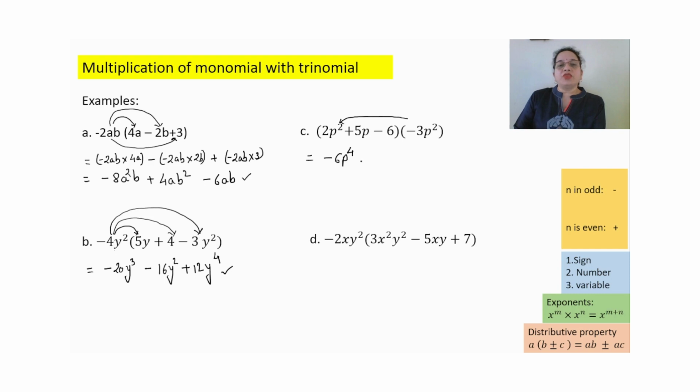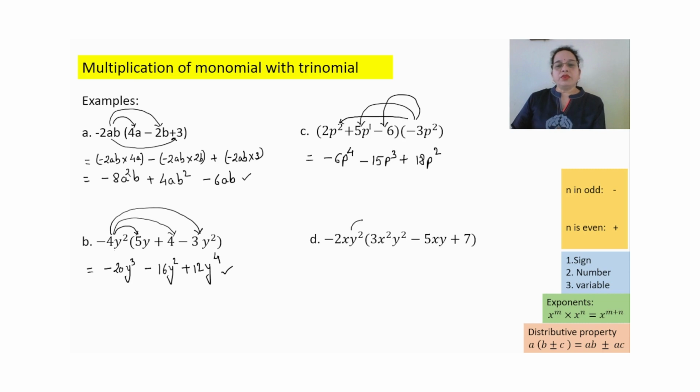Now this plus will become minus, so multiply these two numbers now. 5 3s are 15, p 2 and nothing is there, it means 1, so this will give you 3. And at last we will multiply this. This minus will become plus. So 6 3s are 18p square.